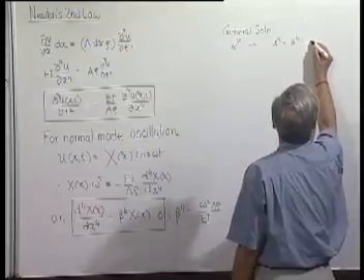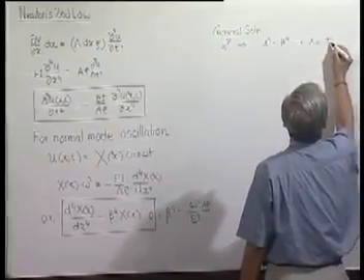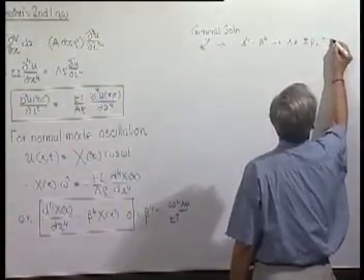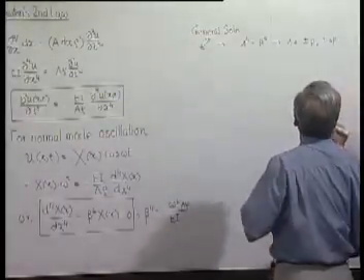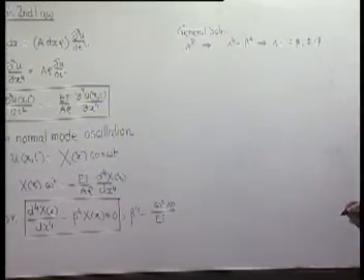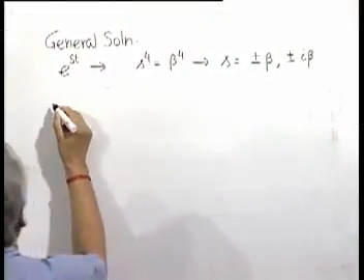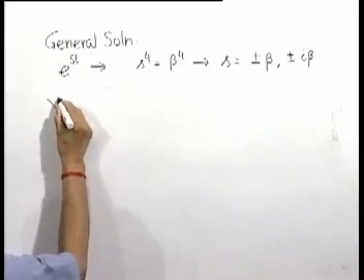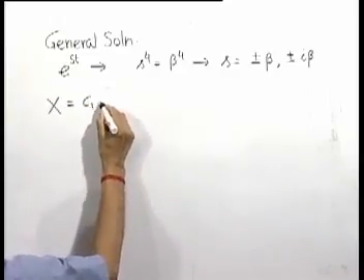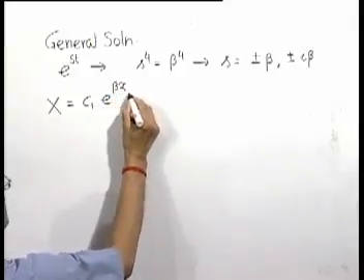So, this tells us s equals either plus minus beta or plus minus i beta. There are 4 roots: plus beta, minus beta, plus i beta, minus i beta. So, the solution will be of the form C1 e to the power beta x and so on.